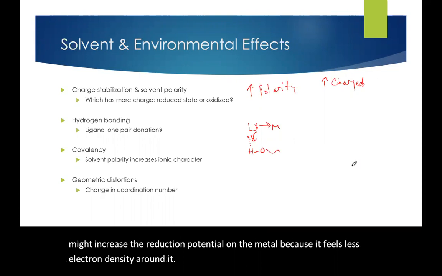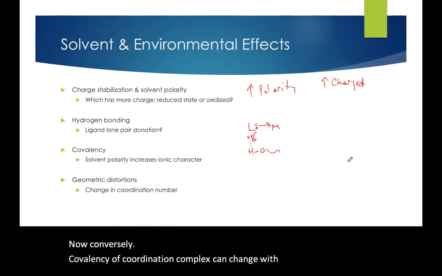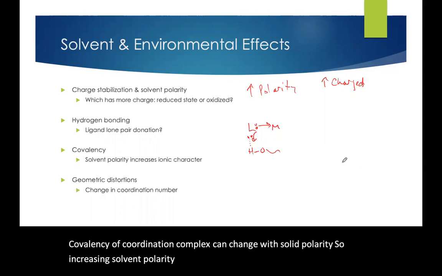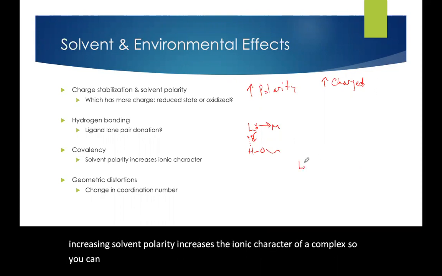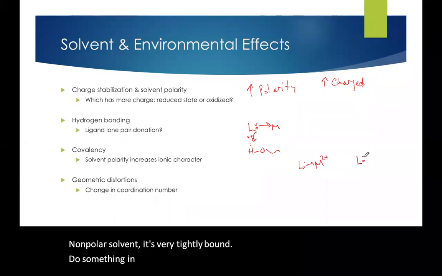Now, conversely, covalency of a coordination complex can change with solvent polarity. So increasing solvent polarity increases the ionic character of a complex. So you can go from something in a non-polar solvent that's very tightly bound to something in a more polar solvent that is a little bit more loosely bound.